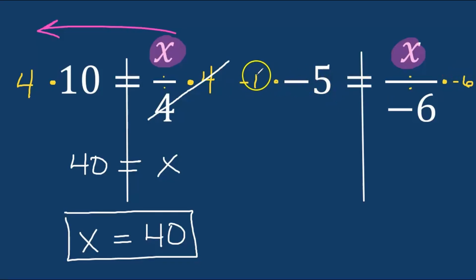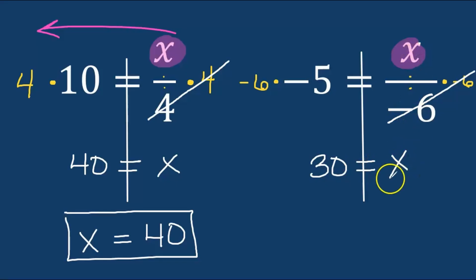And of course, we're going to do it on both sides. Negative 6 and negative 6 are exactly the same, so they turn to a 1. Negative 6 times negative 5 is a positive 30. Our equal sign is in the same spot, and now our x is by itself, and so our answer is x equals 30.